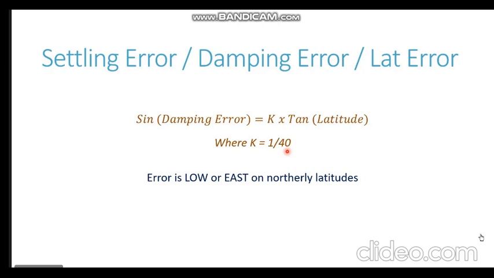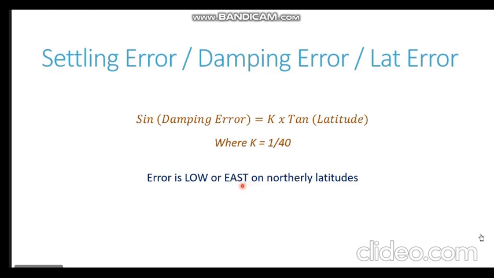Now, as we just now discussed in the explanation in the previous slides, the compass always settles east of the meridian when you are in a northerly latitude. So that is the reason the error is easterly on northerly latitudes. If you are in the northern hemisphere, the damping error will be east.